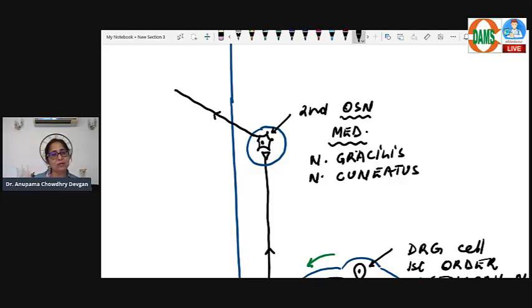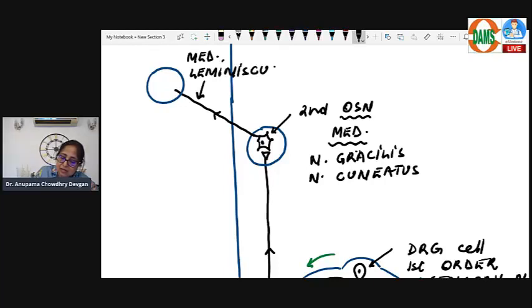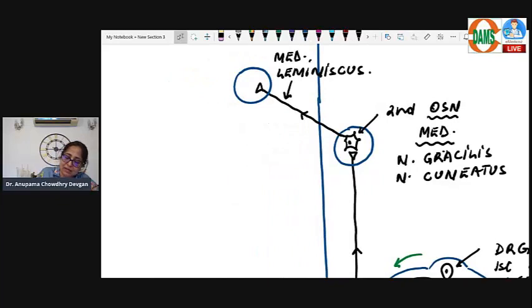The crossing to the opposite side is done by the second order sensory neuron. After crossing over to the opposite side, it forms what is known as the medial lemniscus. The second synapse will be in the thalamus.